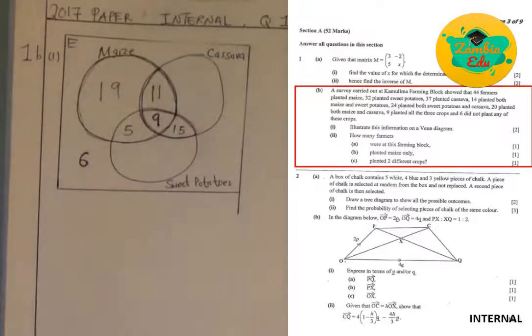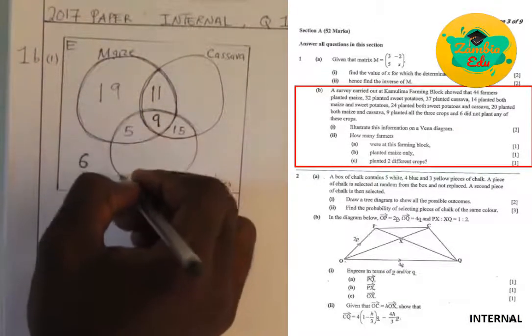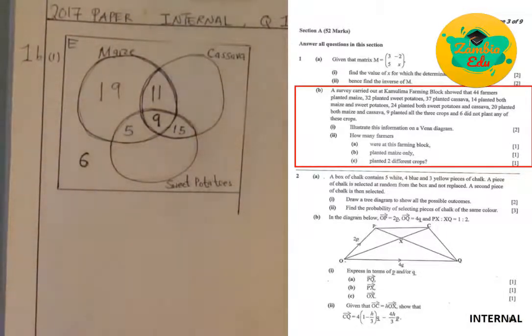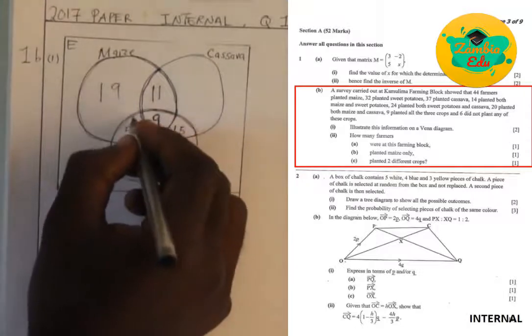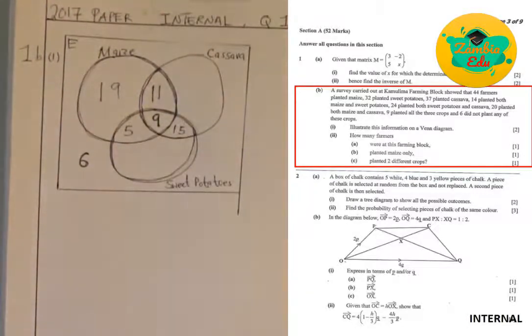And then we were told again in the question that 32 planted sweet potatoes, which means that if you add everything in the set for sweet potato, the answer that you get must be 32. So we'll add everything that is in the sweet potato set.